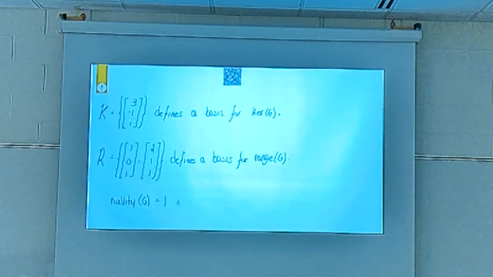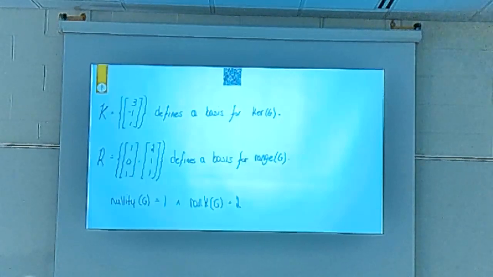What is the rank? Two. Why? The dimension of the range basis. Right, so in terms of just strictly basis, the number of elements in the basis for the range.